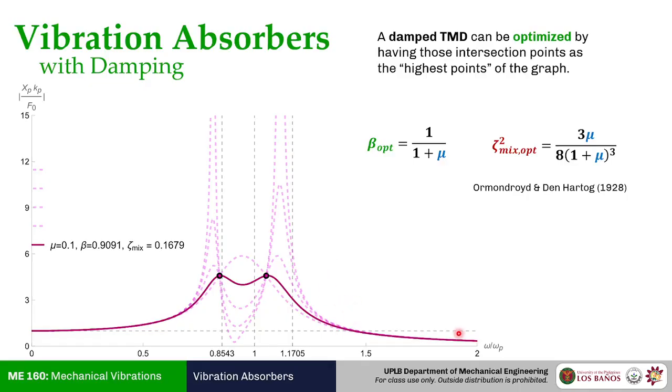Because for ME 160, we will keep MP less than or equal to 1 as our safety criteria. You might not see this all too much. So what you just need to remember is that there is an optimized beta and a zeta, and that is all to it essentially.